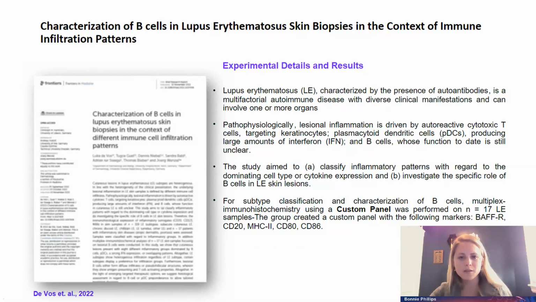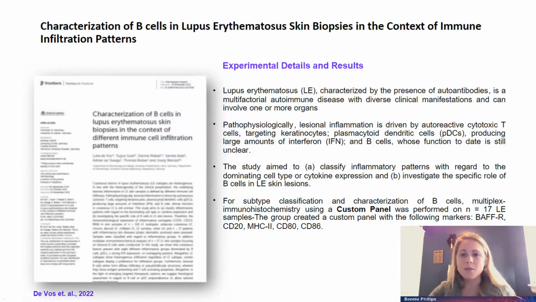So just to give you one final example of the information that can be acquired from this sort of assay, in this final publication that I've shown here, cell populations and their spatial relationships were observed in skin biopsy samples taken from individuals with lupus, which is an autoimmune disorder driven by cytotoxic T cells targeting dermal components and releasing inflammatory cytokines.